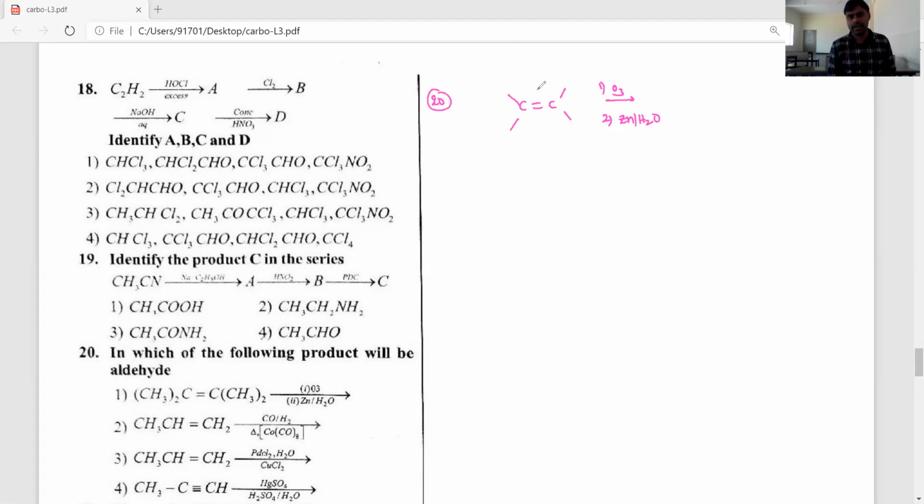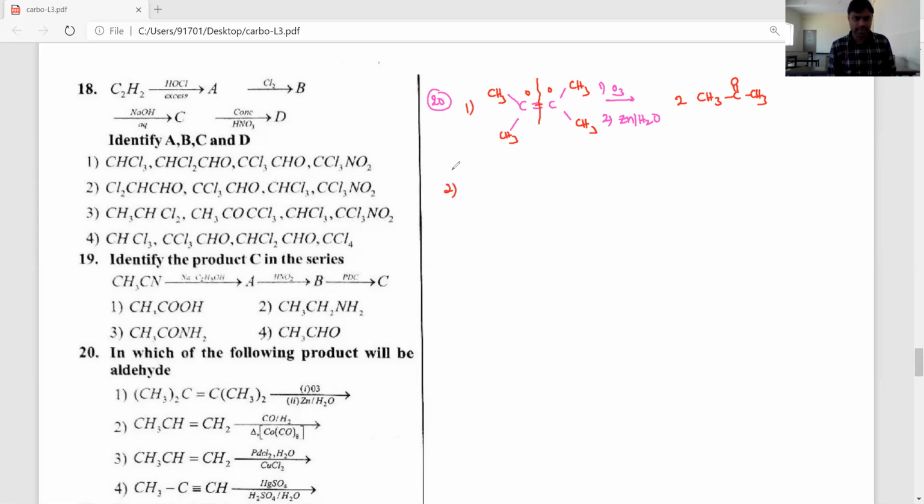Then the double bond breaks and is converted into two carbonyl compounds, and here it is symmetrical, CH3 and CH3 on each side, producing 2 moles of acetone, CH3-CO-CH3. So it is not an aldehyde. The first option is not correct.